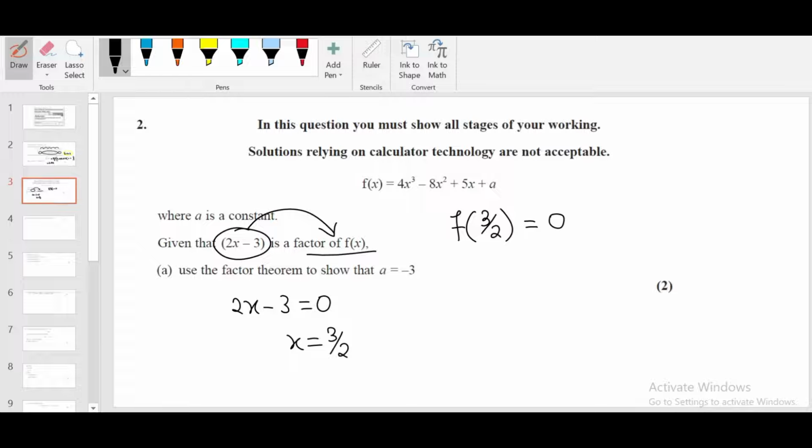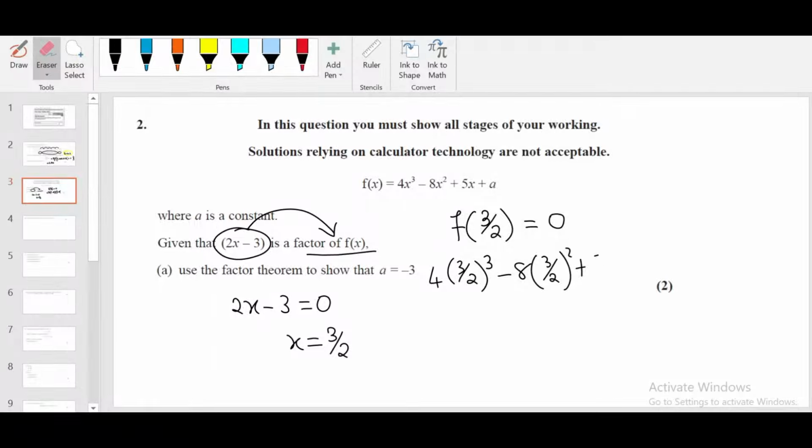So in the function, replace x by 3 over 2. 4 times 3 over 2 whole cube minus 8 times 3 over 2 square plus 5 times 3 over 2 plus a is 0, make a the subject.